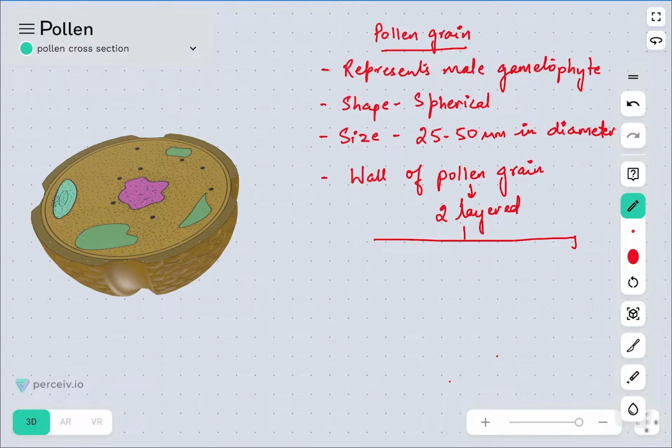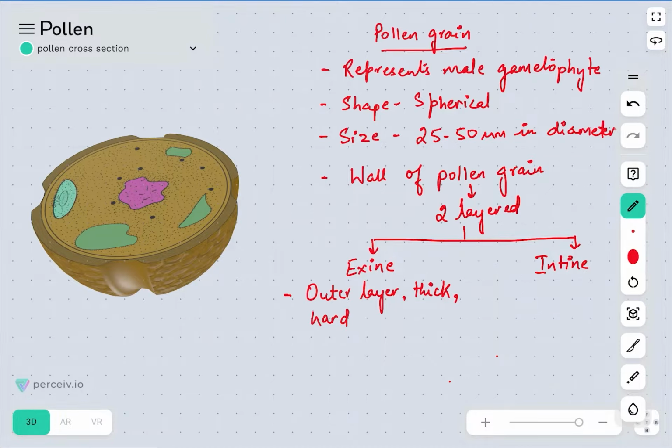In these two layers, the outer layer is the exine, and the inner layer is the intine. We will also see in the model where exactly these layers are present. The exine is the outer layer, which is thick and hard.